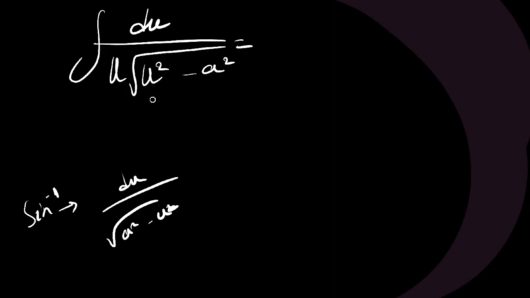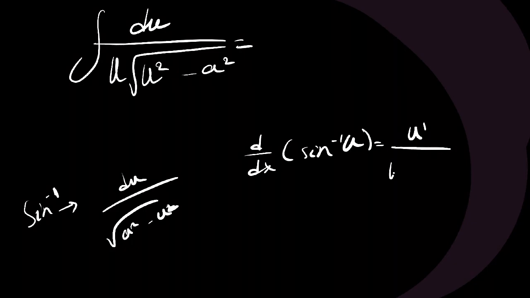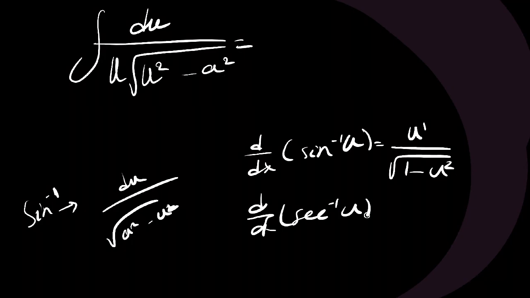So order does matter. If you observe carefully, you'll see that this is the same as the derivative that we took. d by dx of sine inverse u was equal to u prime over square root of 1 minus u squared. And d by dx of secant inverse u equals u prime over u times the square root of u squared minus 1.